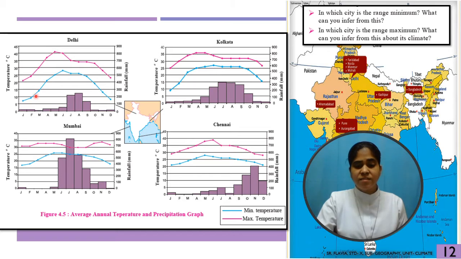Throughout the year, this is the temperature. So it is in Delhi we find the maximum temperature range because the climate is very extreme in Delhi. Either it is very low or very high. So Delhi has an extreme climate.